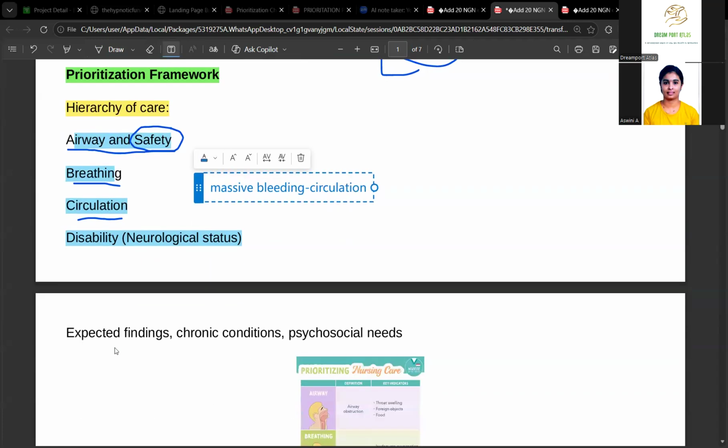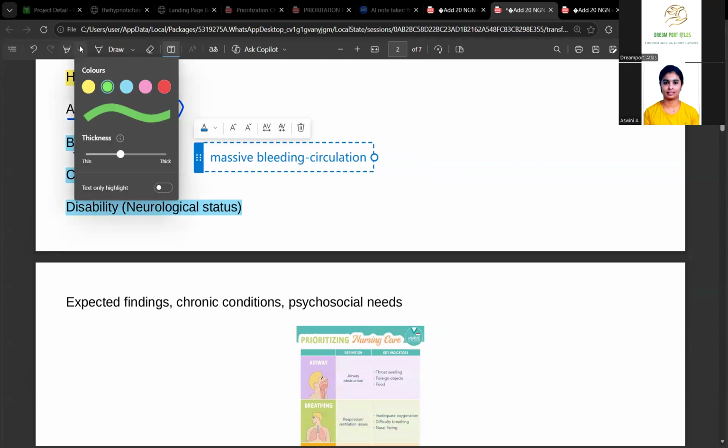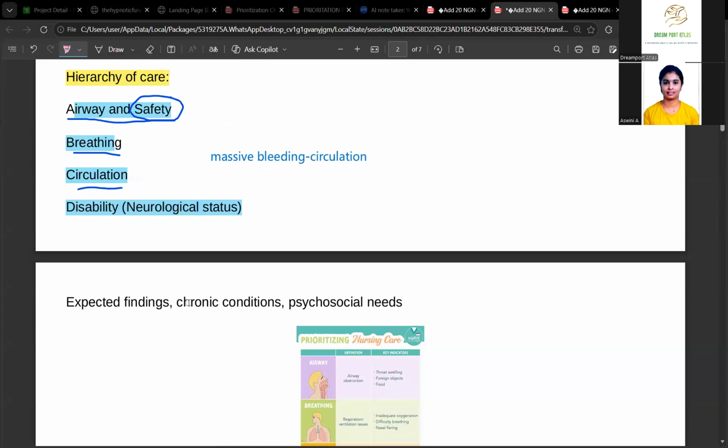We can also look for expected findings as well as chronic conditions. If a scenario deals with a chronic condition, for example dyspnea for a COPD patient, that is an expected finding only. Restlessness in such a patient can be expected, but if the client has restlessness indicating severe hypoxia, that is different.